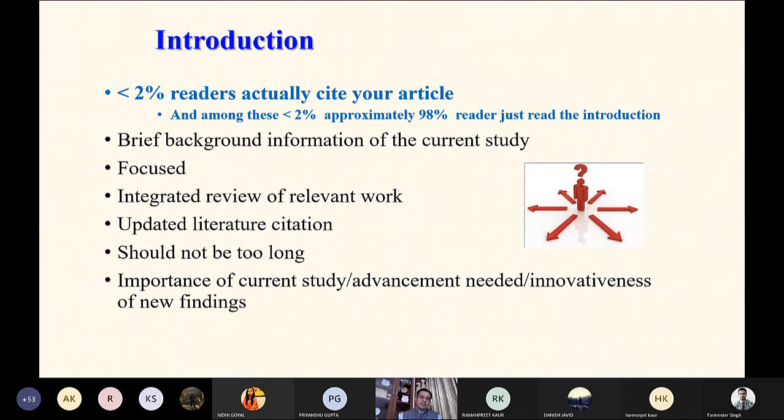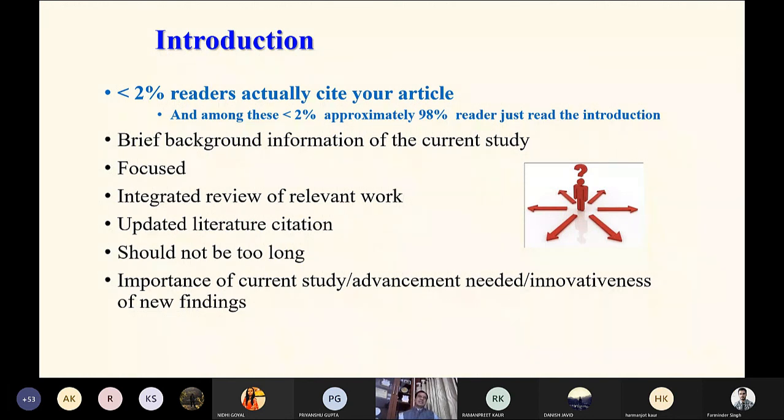One study has identified that less than 2% of readers are going to cite our paper. Many persons read our paper, but only less than 2% cite it. And among these, 98% only read the introduction section. So we have to be very careful when we write this introduction section.